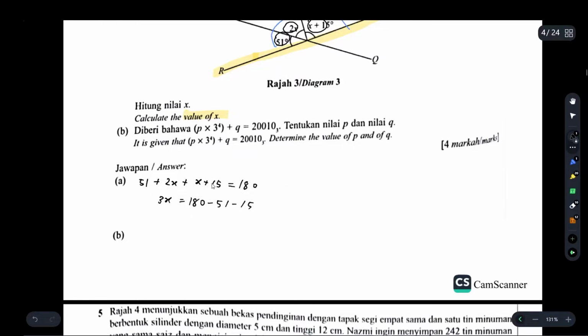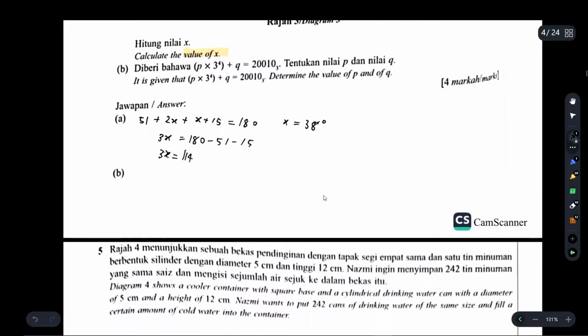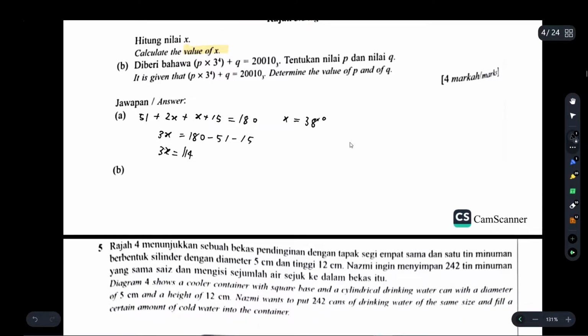So 51 and 15, throw them to the other side, they will have minus. So 3s is equal to 114. And 114 divided by 3, we will have 38. Simple as that. 38 degrees. Don't forget the unit.